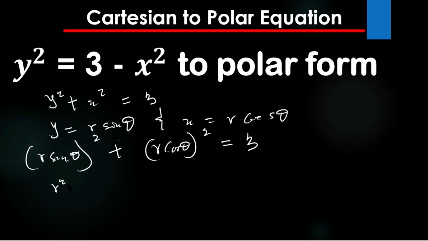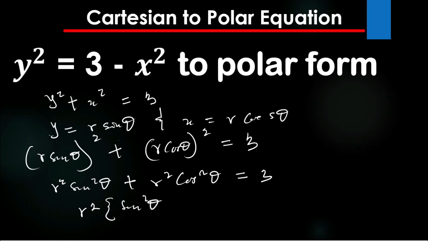So r squared sine squared theta plus r squared cos squared theta is equal to 3. Obviously, I can bring out r squared, so that it becomes r squared into sine squared theta plus cos squared theta is equal to 3. Now, we know from trigonometric identities that sine squared theta plus cos squared theta is 1.